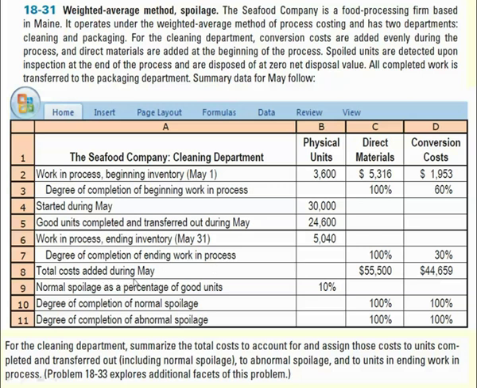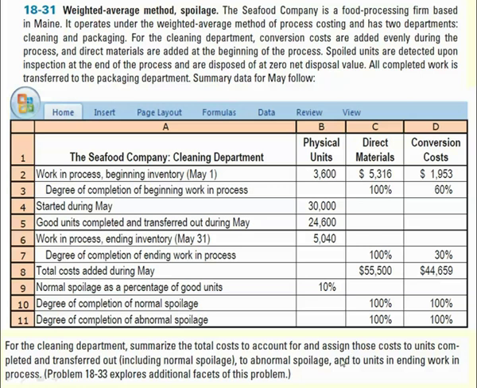Total costs added during May is 55,500 for direct materials and 44,659 for conversion costs. Normal spoilage as a percentage of good units is 10%. Degree of completion of normal spoilage and of abnormal spoilage is 100%.